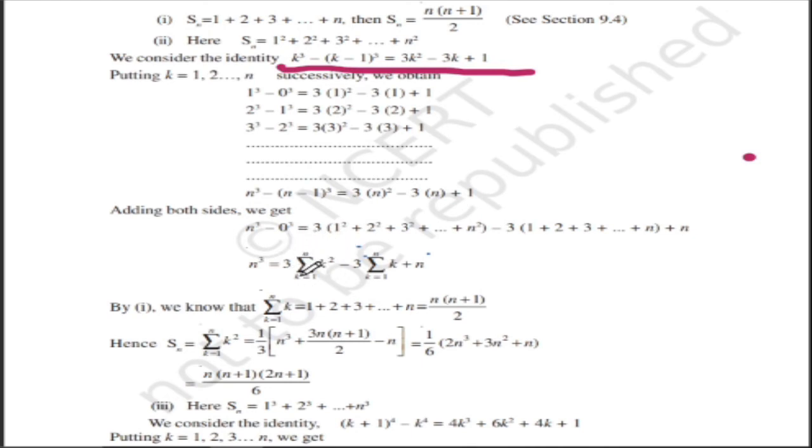That means the sum of squares of first n natural numbers is equal to, n cube will go that side, minus n cube, in fact. No, sorry. We'll shift these two terms to that side. Okay. So n cube will remain positive. This will become positive and this will become negative. And here you can say n is negative.